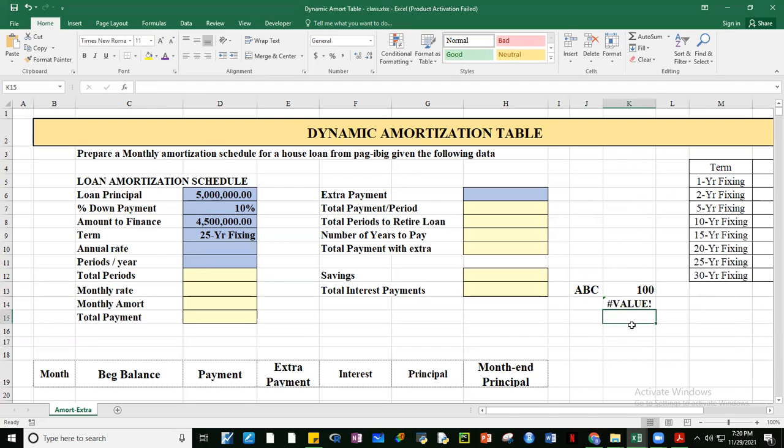You can't do that. Now, what if, guys, we multiply this one, our text, times 100? Can we multiply that, guys? Can we multiply? What did you get, guys?